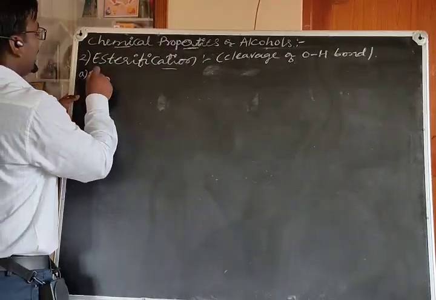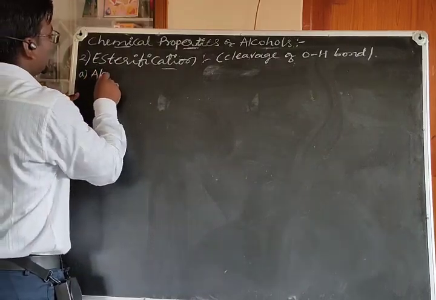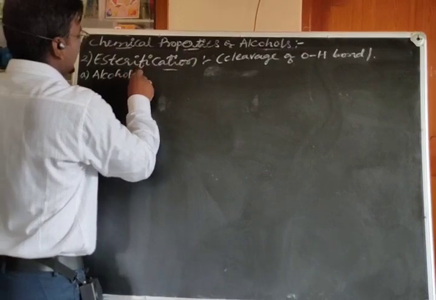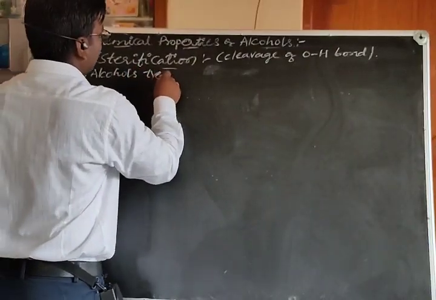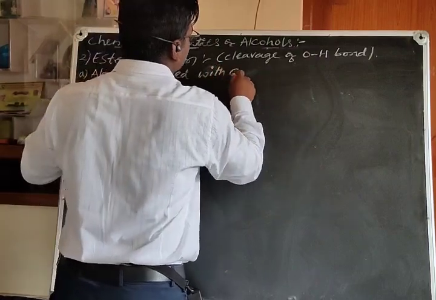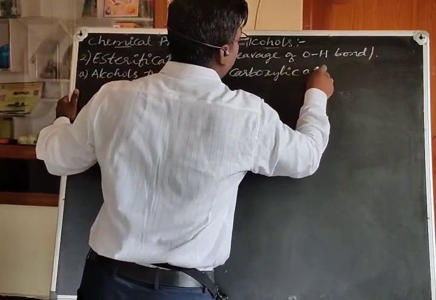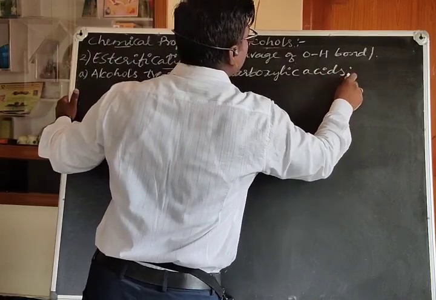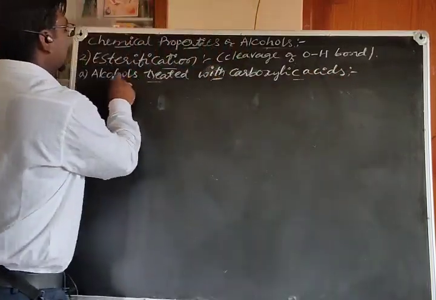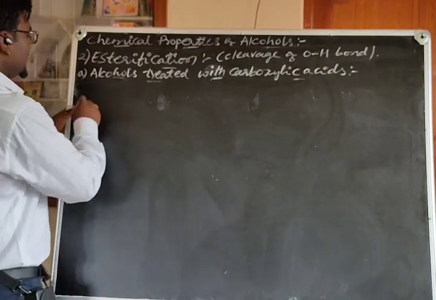So when alcohols are treated with carboxylic acids in the presence of an acid, it gives the ester. Let's see the reaction for this.